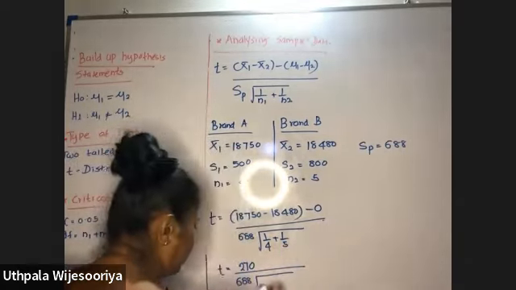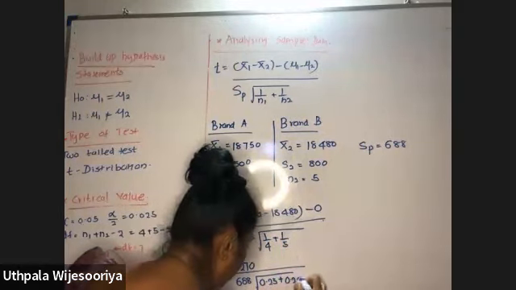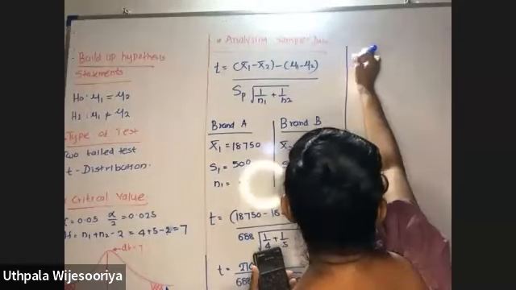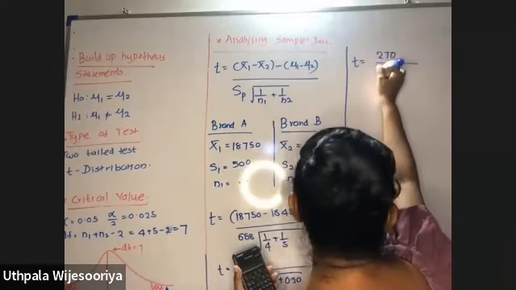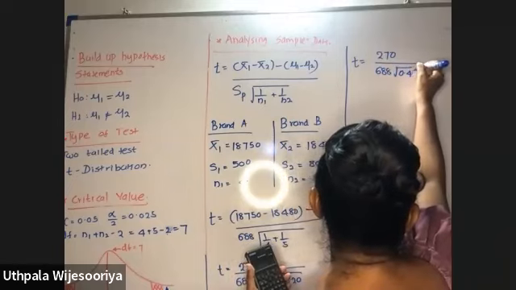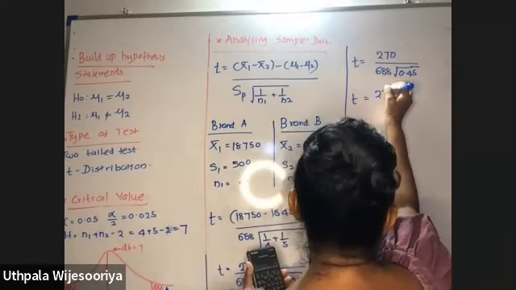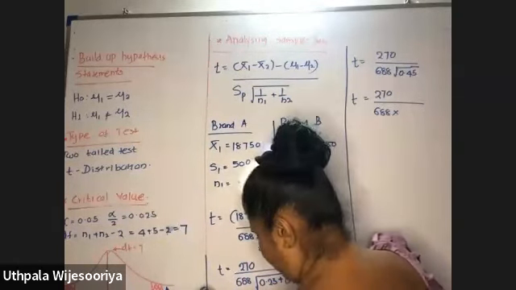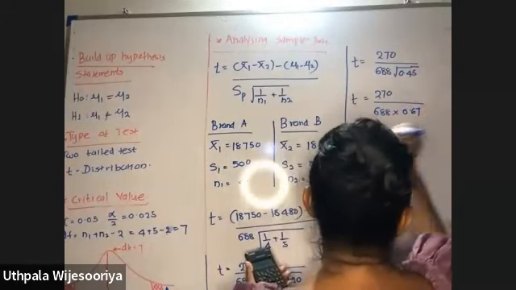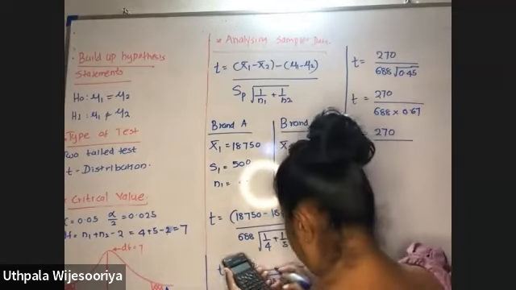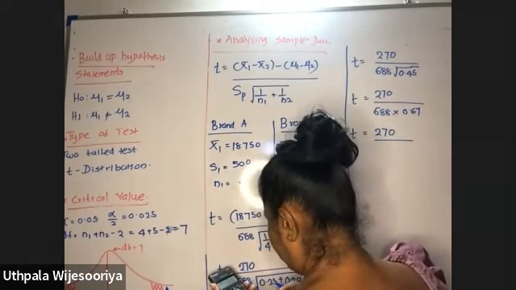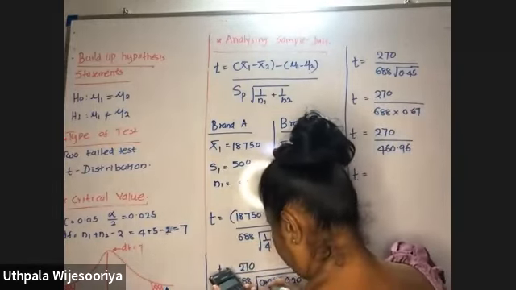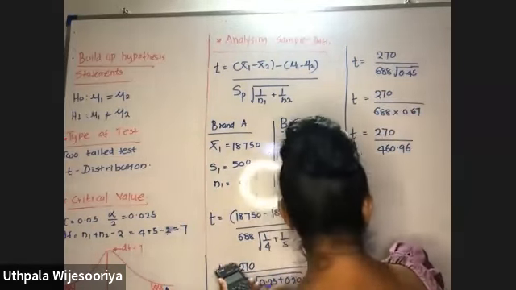As a decimal, this is 0.25 and this is 0.2, so square root 0.45, which is 0.67. T is 270 over 688 times 0.67, which is 270 over 460.96.